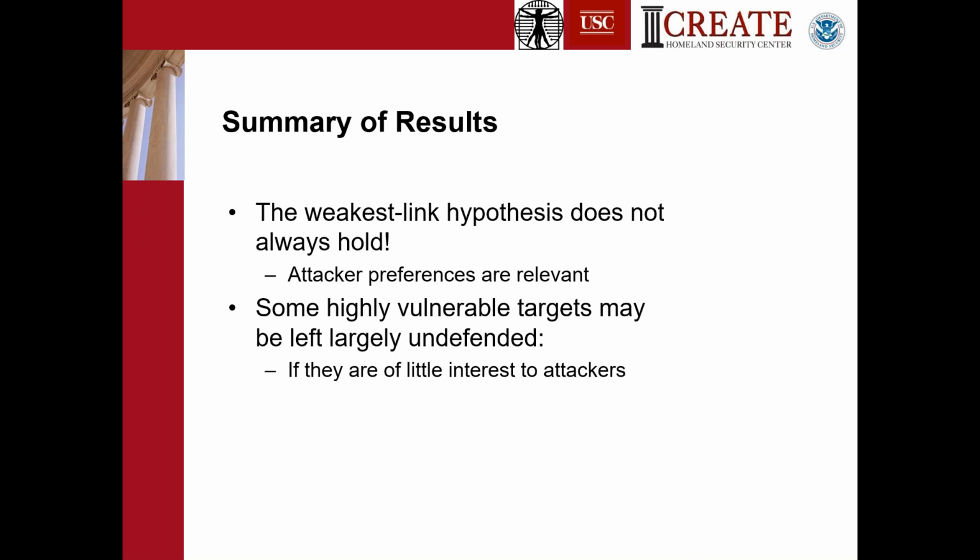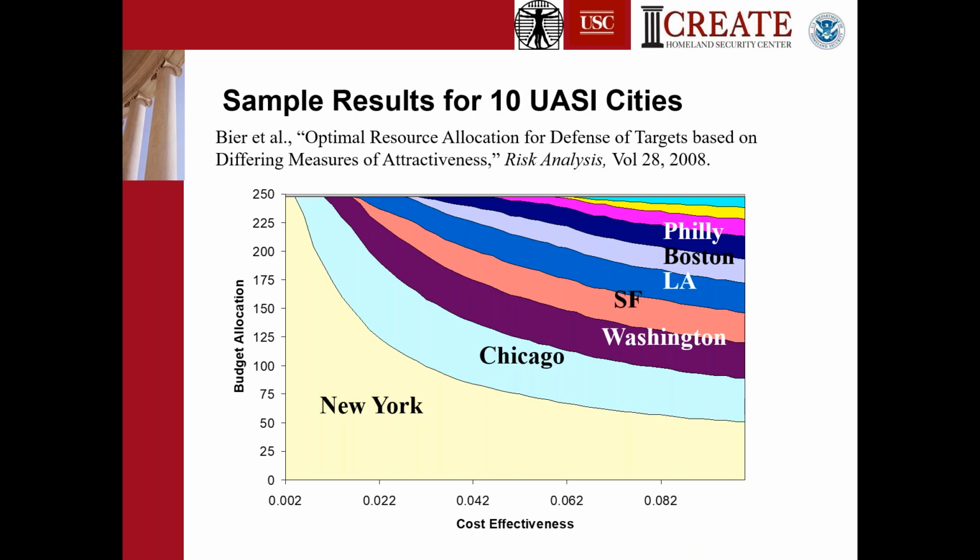So this means that the weakest link hypothesis does not hold. We shouldn't necessarily be going around hardening strip malls and bus stations if we don't think that they are attractive targets. So some highly vulnerable targets may be left largely undefended if we think they're of little interest to the attackers. So there is math behind this, but again, I'm not showing the equations.